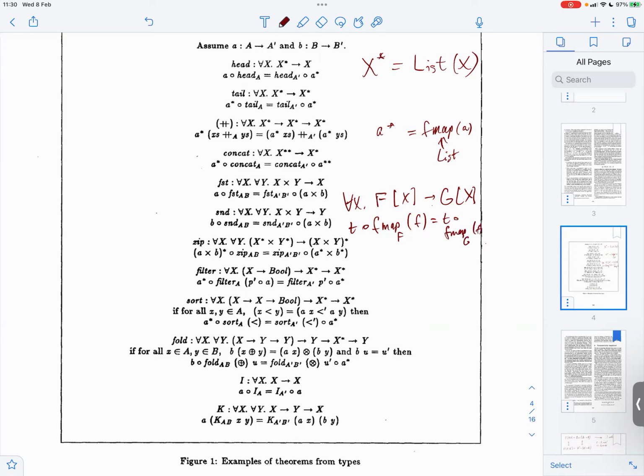So this is a general naturality law for any two type constructors f and g, and then here you just have specific examples of this type constructor, like a list of x or something like that. Here it's simpler, the type constructors. So you have to go through that, and then you see these are okay, but these are all just naturality laws. But these are not naturality laws, and that is because these type signatures are not signatures of natural transformations with respect to the type parameter y here, for instance.